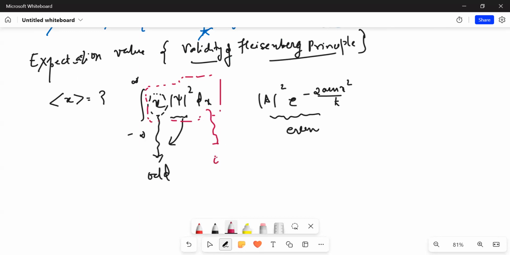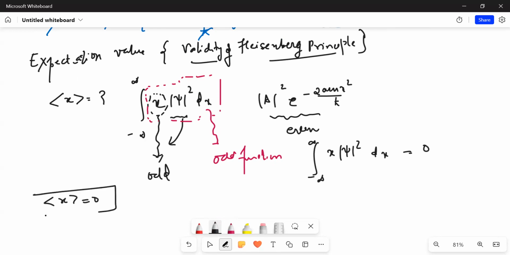Since this integrand is an odd function overall, from minus infinite to plus infinite, this integral, that is x into mod of psi whole square, would be equal to 0. So clearly the expectation value of x would be simply 0.